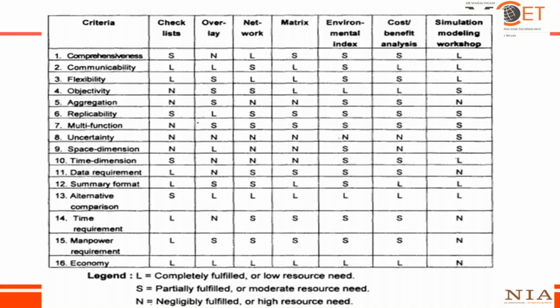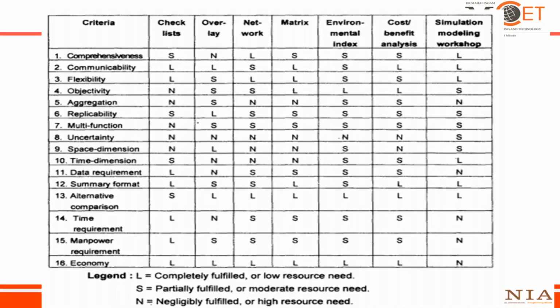So environmental index method, you got only 1 N and you got only 3 L's. Next one, you got about 2 N's and you got about 5 L's. The last one, you got about 5 N's and you got about some L's, right?